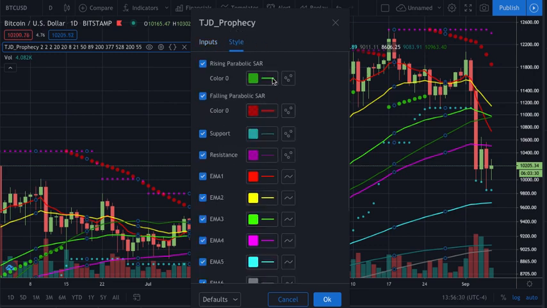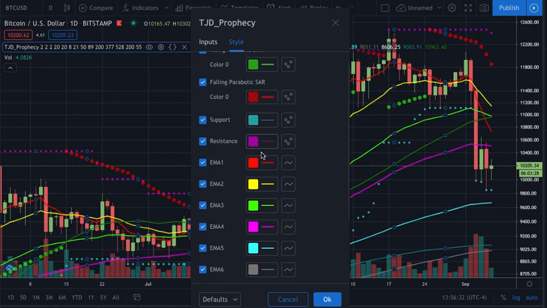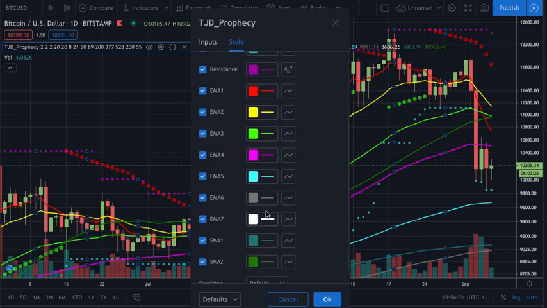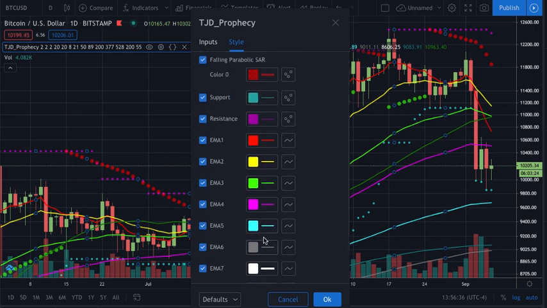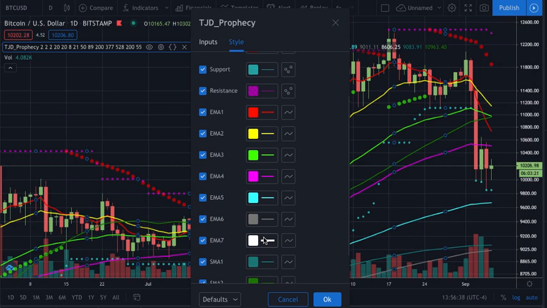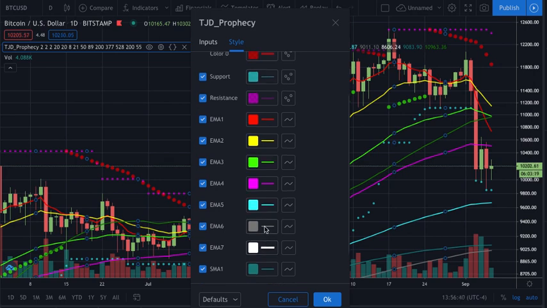And if you click over to the style, you have the ability to change the colors on the moving averages and stuff like that. I have them set up just because of how I like them, but using the blue 200 exponential and 200 simple just corresponds those two, that essentially they're telling you the same information, just slightly different, in the same way that the EMA 50 and the SMA 55 do the same thing as well.